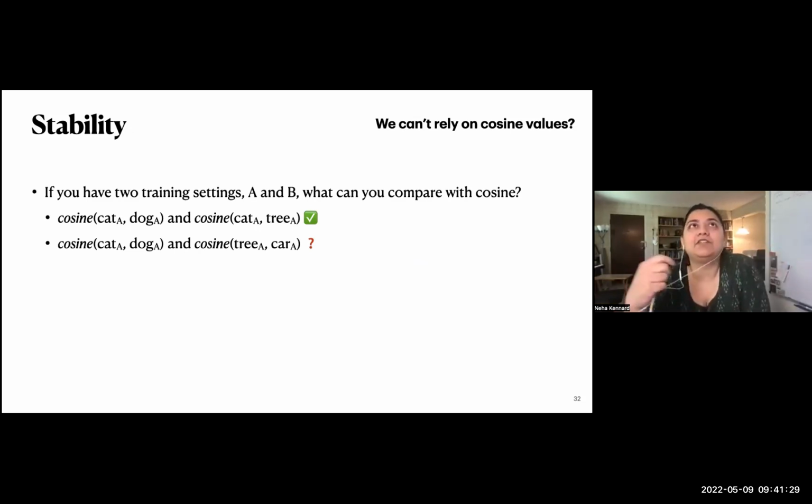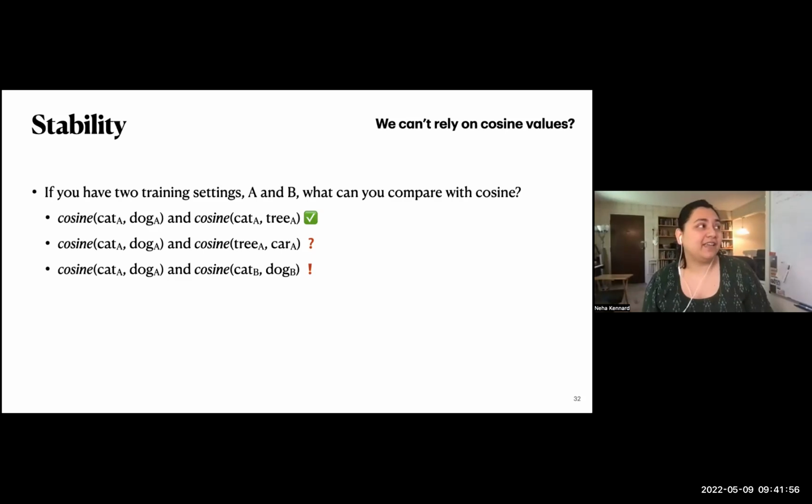They're in the same space, and even though we didn't directly optimize for them, all these four words, cat and dog and car and tree, have words in common, and those words have words in common. So those things are mediated in some way, but it's still a little bit sketchy. I wouldn't do it if I could avoid it.